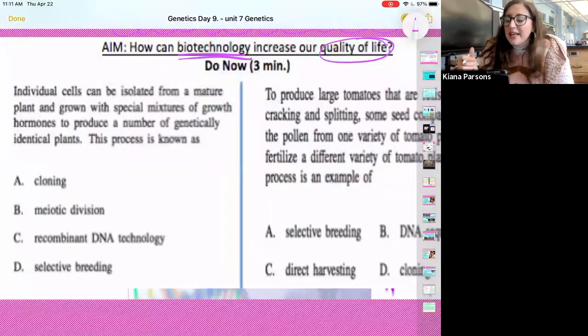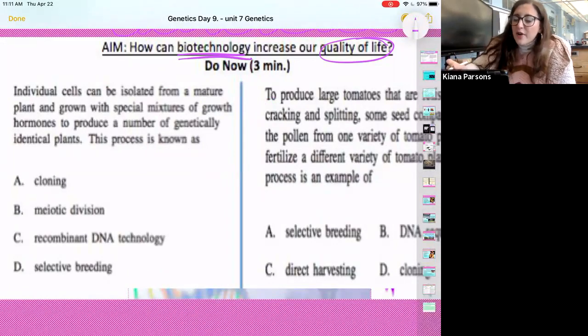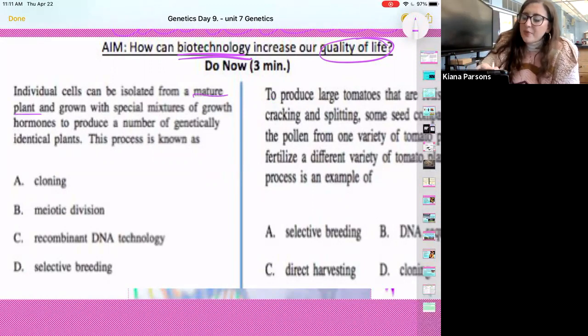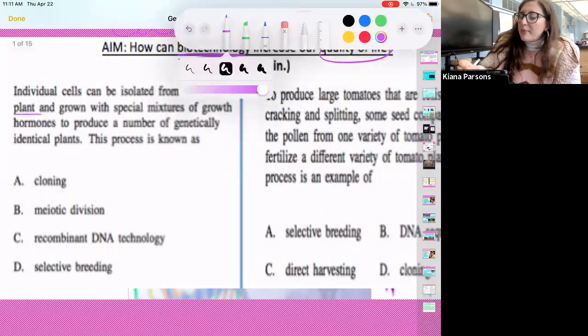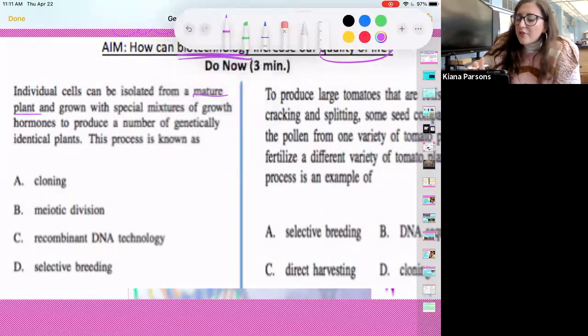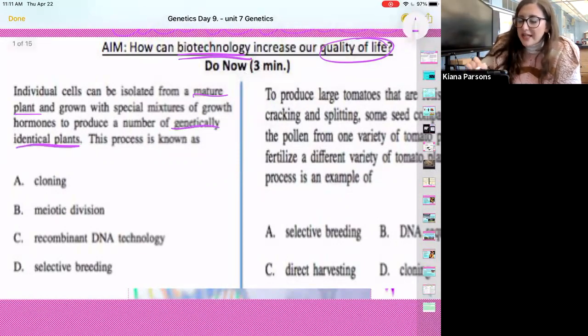Question number 1. Individual cells can be isolated from a mature plant and grown with special mixtures of growth hormones to produce a number of genetically identical plants. This process is known as cloning.